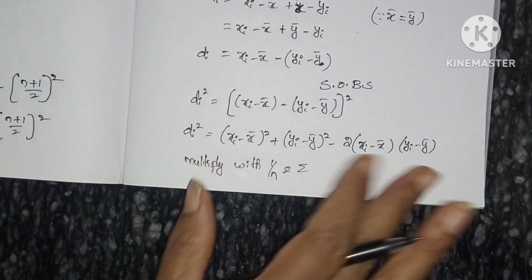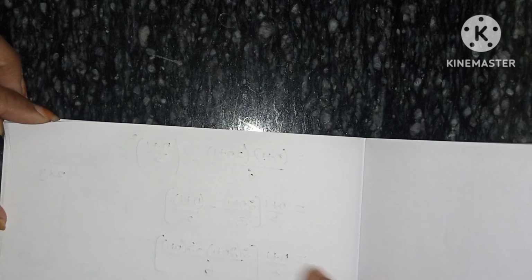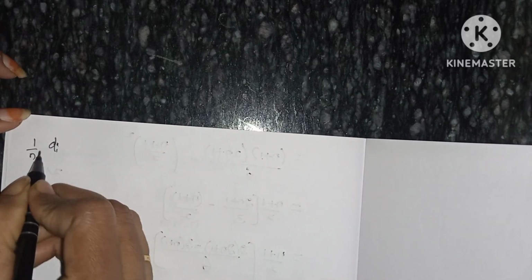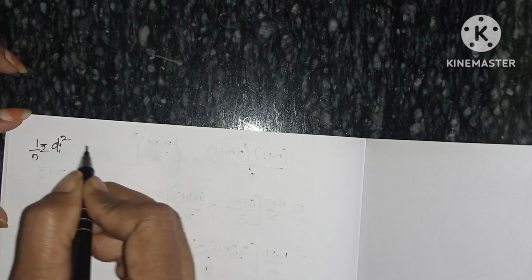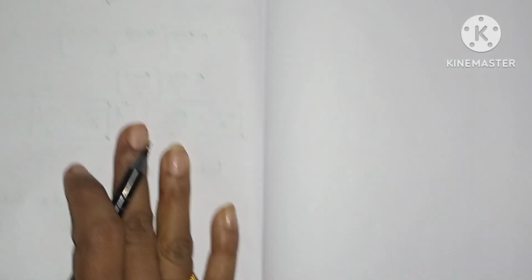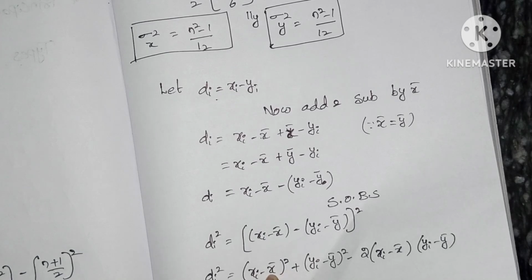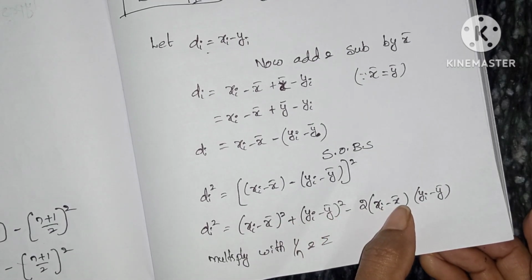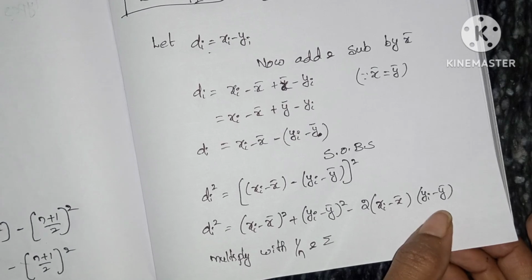Okay. So what we get is, 1 by n summation di square equals 1 by n summation of xi minus x bar square plus yi minus y bar square minus 2 into xi minus x bar into yi minus y bar.